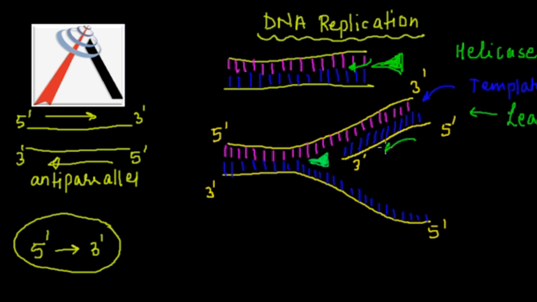Because we already saw there's no problem for DNA to form in the direction of 5' to 3'. The enzyme that is involved in the formation of this leading strand, we'll write it here, is the DNA polymerase 3 enzyme, and this is again an important point. DNA polymerase 3.